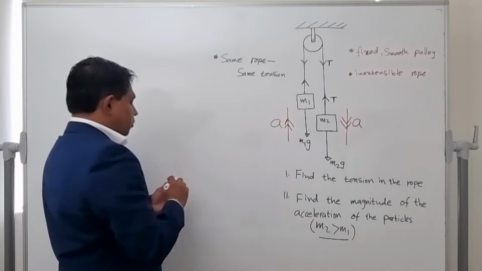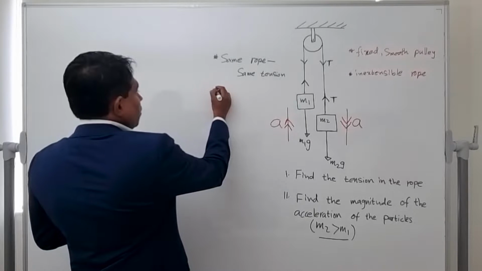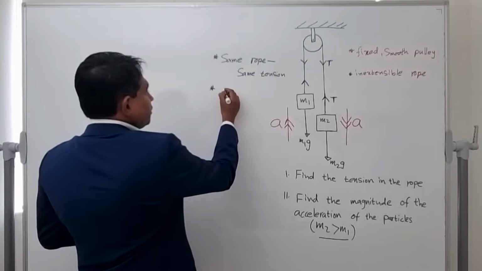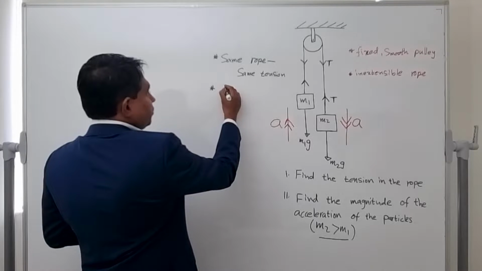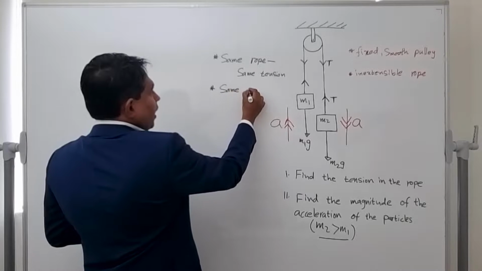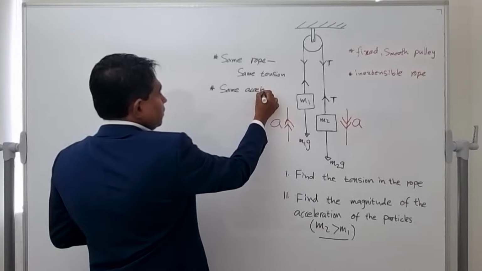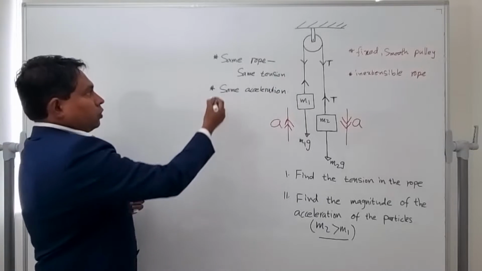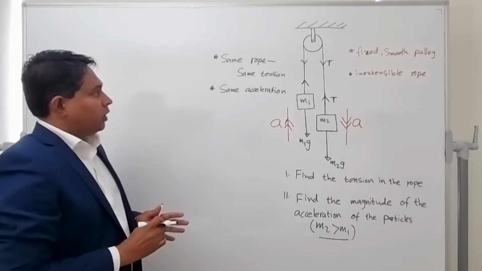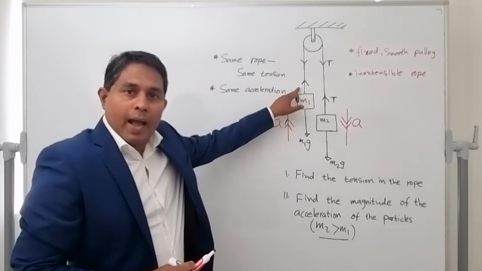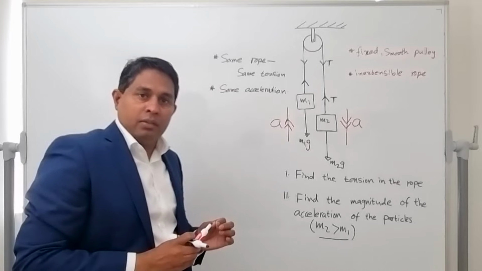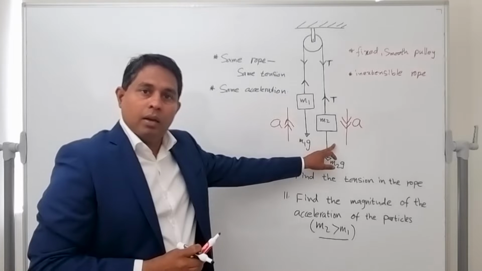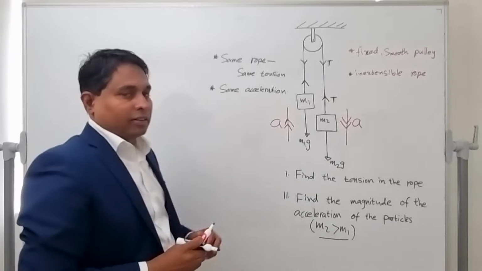That point is also very important. Particles moving together have the same acceleration. So these two you need to understand: the rope has the same tension everywhere, and both particles move with the same acceleration.